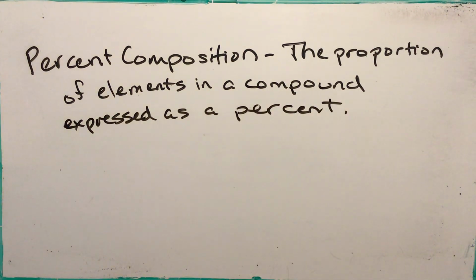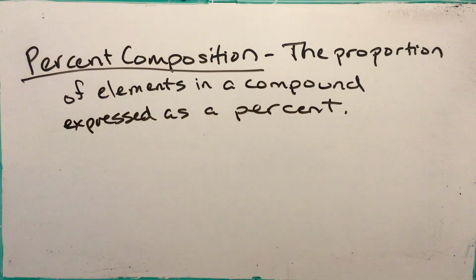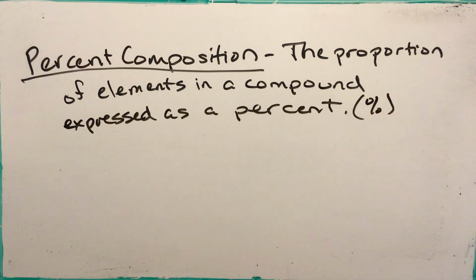I'll write that out for you. It's a short topic, so it's normally something I would just write on the board for you. So percent composition is the proportion of elements in a compound expressed as a percent. All right, so our answers are all going to be in percent.